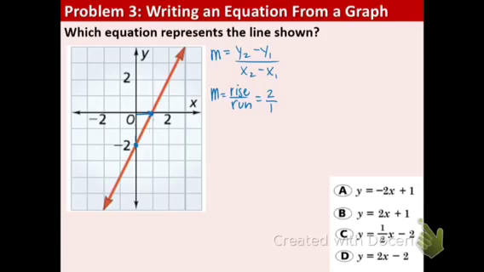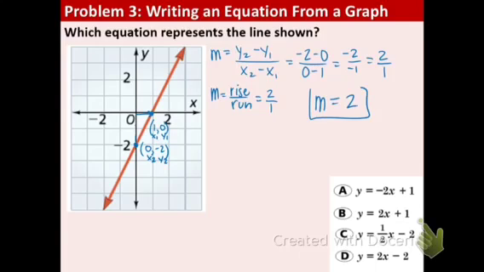Another way to do this: this coordinate point is (1, 0), and this coordinate point is (0, negative 2). So let's plug those in, x1, y1, x2, y2. We're going to have negative 2 minus 0, and 0 minus 1. That leaves us with negative 2 over negative 1, and that means positive 2 over 1. So the slope is 2.